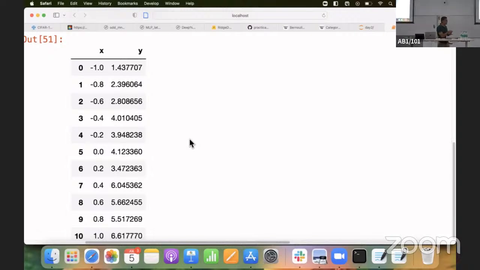Y is equal to what plus what? Y equal to mx plus c, or y equal to theta naught plus theta 1x, right? Can we write it this way? Yes. So then what are our parameters? We have two parameters, theta naught and theta 1, right? And then we're trying to estimate these parameters given the data set.